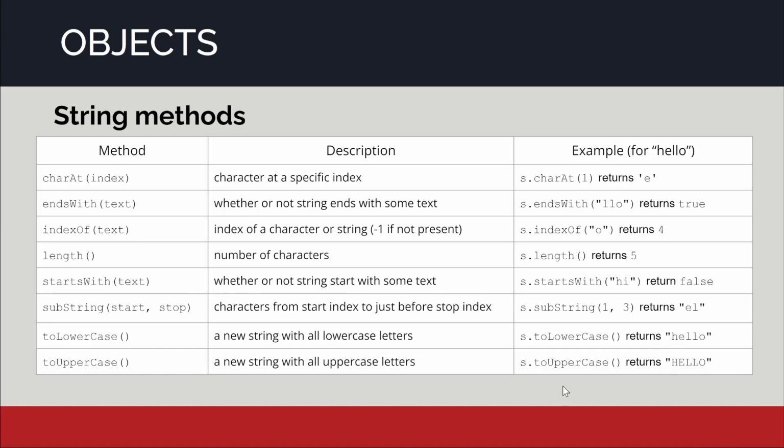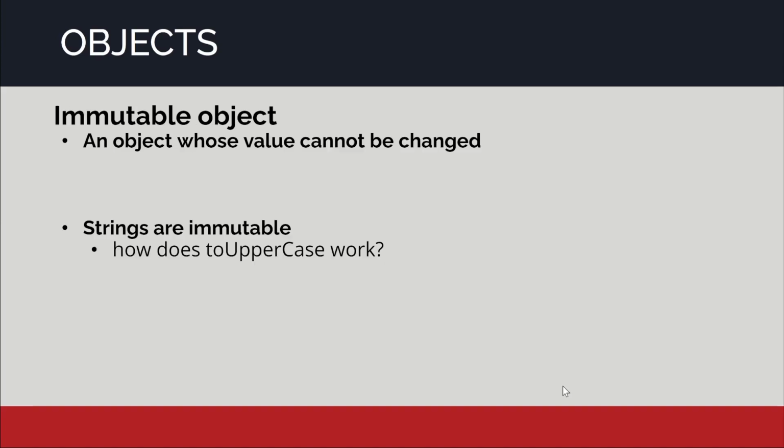No surprise there. But this kind of raises an important thing to talk about, an important issue, and that is the idea of immutability, or an immutable object. So mute is like mutable, like mutation, changeable, but an immutable object is something that cannot be changed, that cannot be mutated.